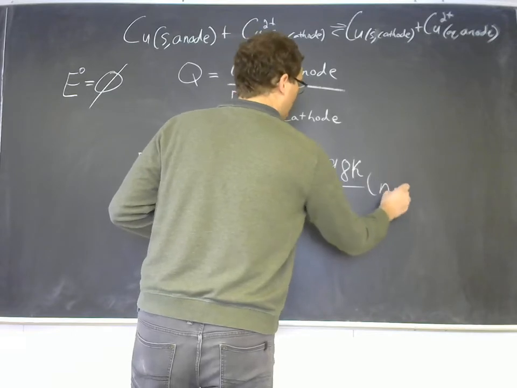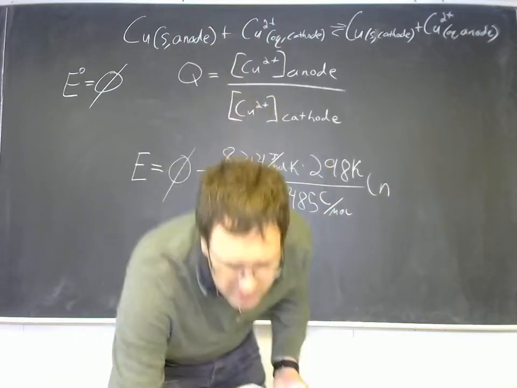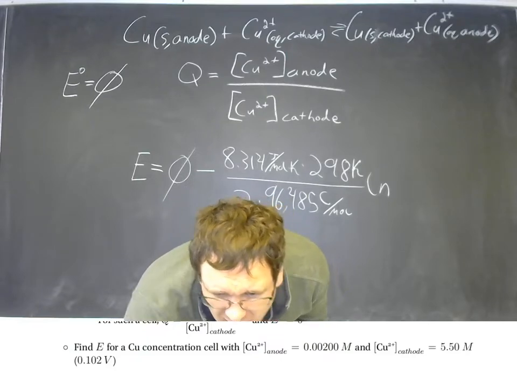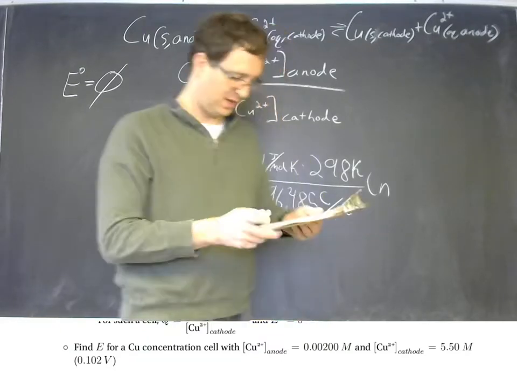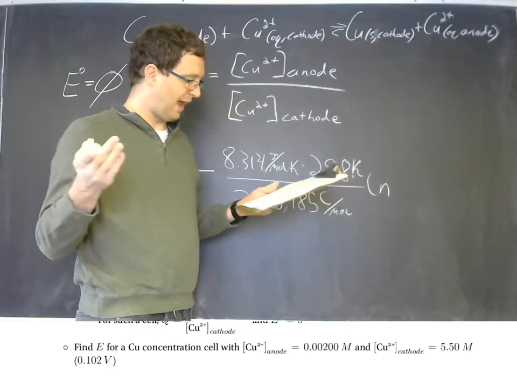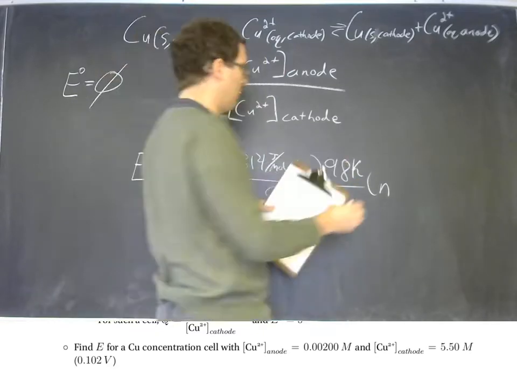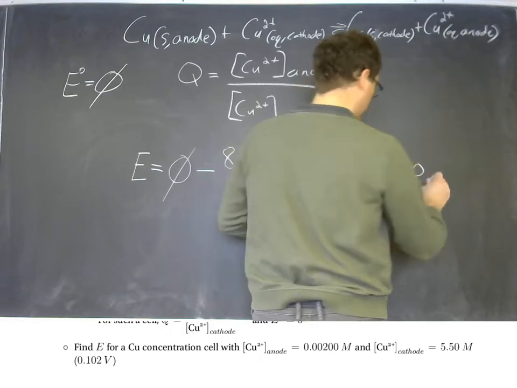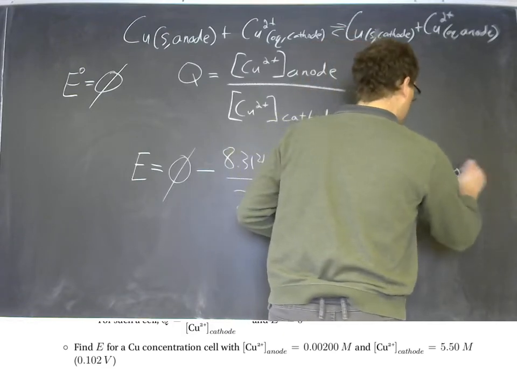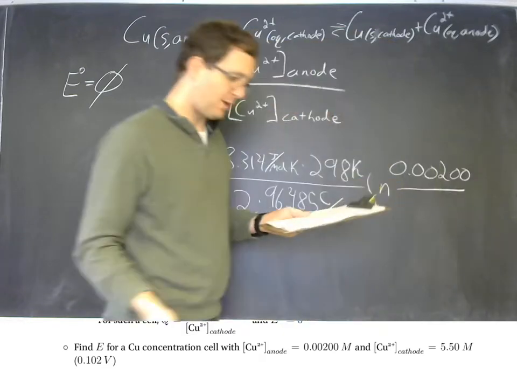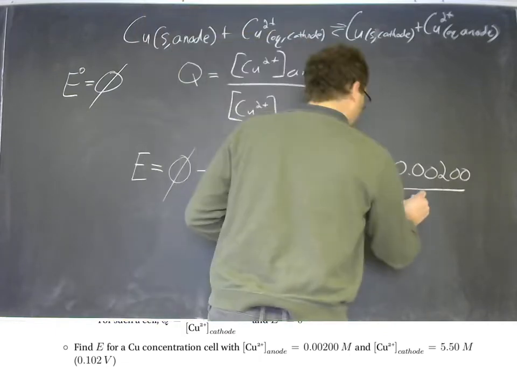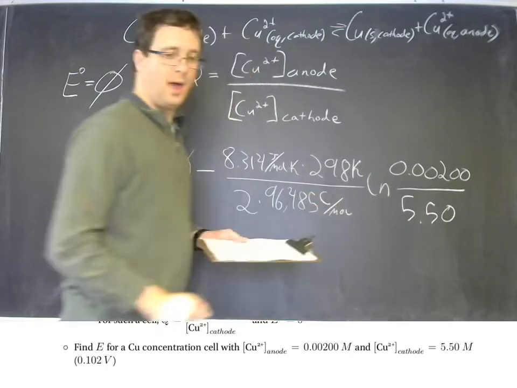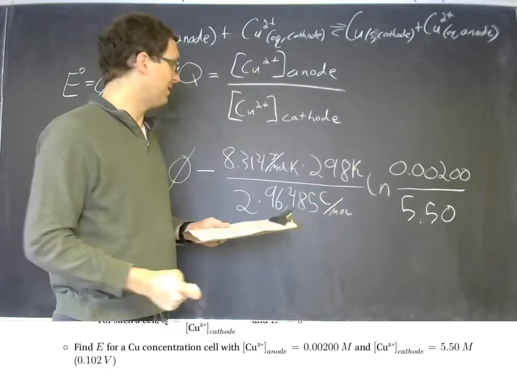Let me throw up the practice problem. Right, if we have a concentration cell with our anode concentration of 0.00200 molar and a cathode concentration of 5.50 molar, then we'll actually manage to eke out some voltage from this cell.